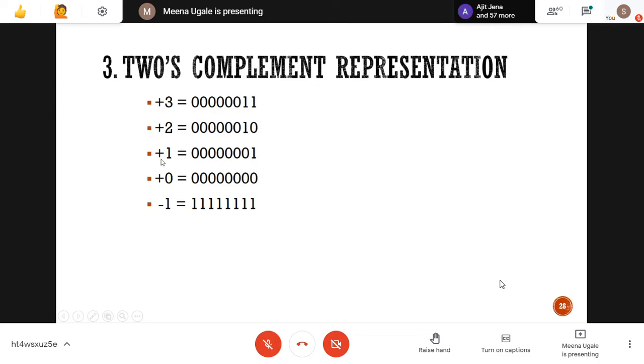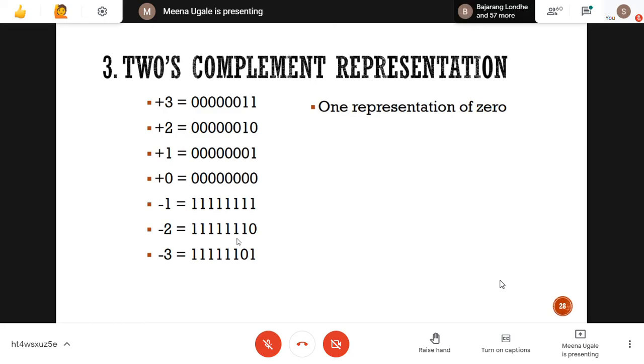What will be the ones complement for this? 1111111 and last bit only will be 0. और उसमें मैं फिर से 1 ऐड करूंगी तो it will be 1 again. So here you can find out for -1 in 2's complement how I will be writing, like all the bits will be 1 here. Similarly for -2 it is written, you have +2 here, इन्वर्ट करो इसका, वंस कॉम्प्लीमेंट निकालो, उसमें +1 ऐड करो, you will get this number. Similarly for -3 it is written here.